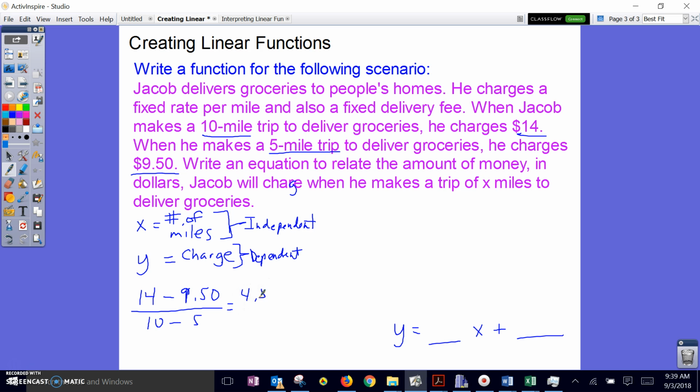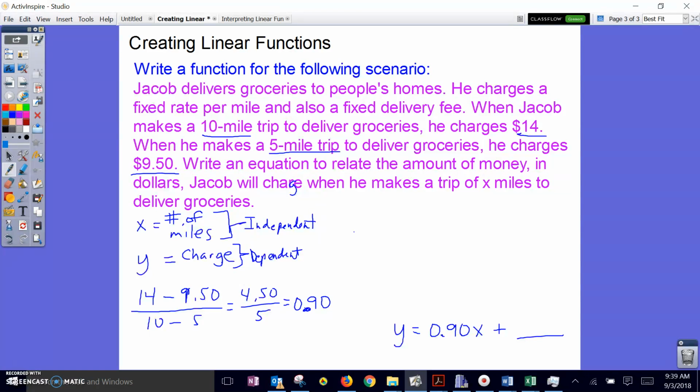That's $4.50 divided by 5 miles. Looks like he charges 90 cents per mile. So that's going to go in here. That's how much the dependent variable changes when the independent variable changes by 1.